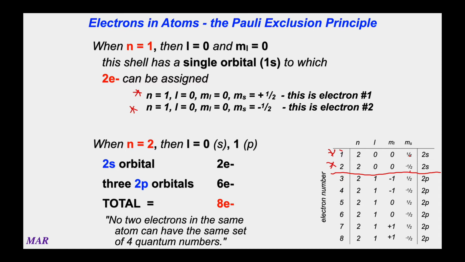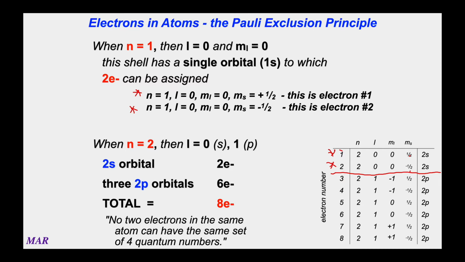The next ones are when we start playing with L equals 1. Now when L equals 1, m sub L goes from negative L to positive L. So that means negative 1, 0, and plus 1. Up until this point, we've only had one value of m sub L, and m sub S could be positive or negative 1/2. But now we have 3 m sub L values, and these kind of correspond to the x, y, and z axes, like we saw in chapter 6, part 1.